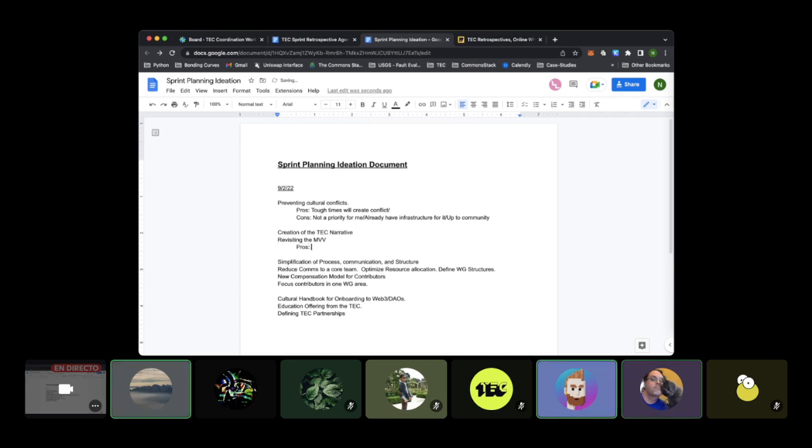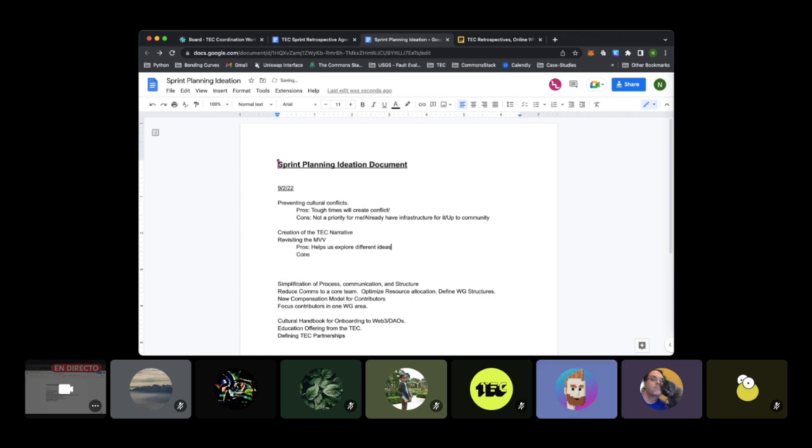Pros, I feel that it helps us explore different ideas, especially around Sampo's work. Cons, definitely not something convenient at this moment. Because narrative is also in a way a public good, and there's value around public goods.